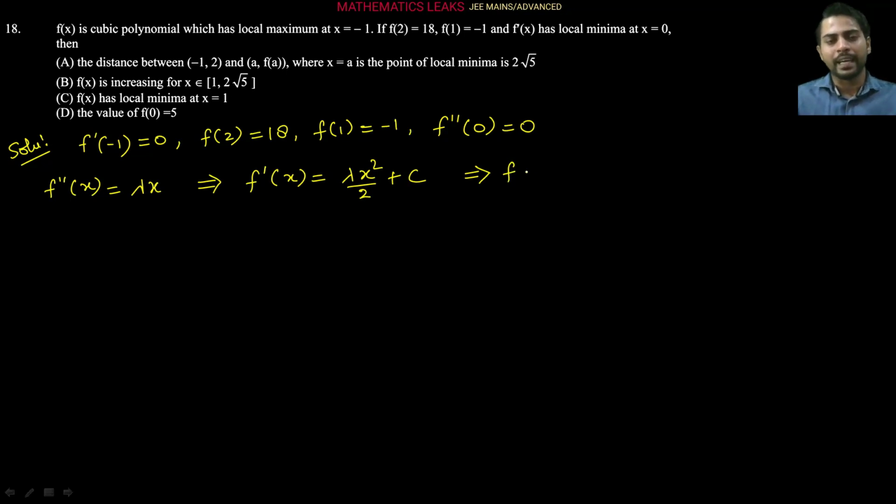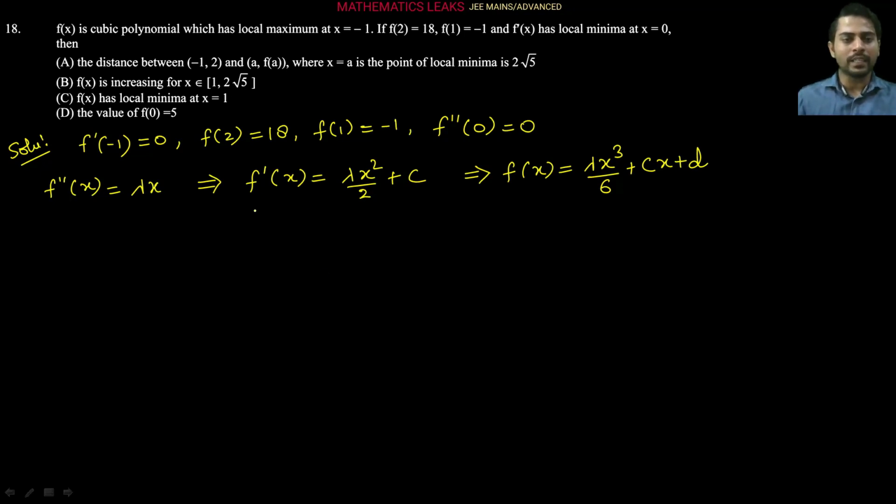We get f of x is equal to lambda x cube by 6 plus cx plus integrating constant d, right? So we get these two equations, and now we will put the data here and get the values of lambda, c and d. From there we can pick the correct options about the function.